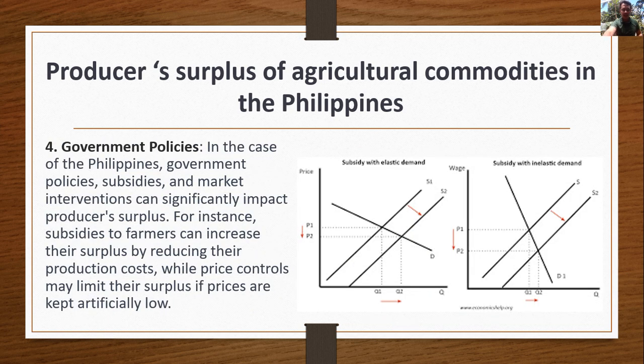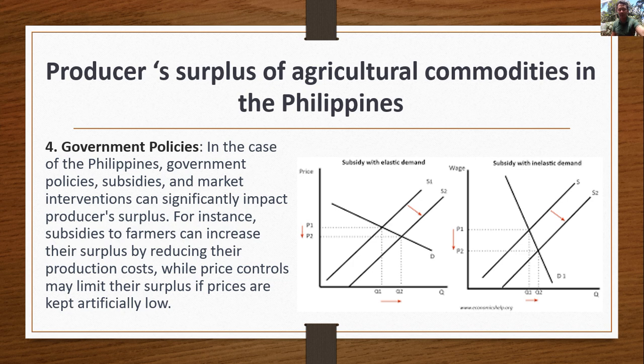Okay, class. Next is government policies as part of producer surplus in agricultural commodities. In the Philippines, our government policies, subsidies, and market interventions can significantly impact producer surplus. For instance, subsidies for farmers can increase their surplus by reducing their production costs, while price controls may limit their surplus if prices are kept artificially low.